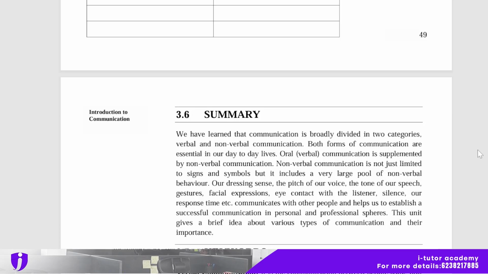Our dressing sense, the pitch of our voice, the tone of our speech, gestures, facial expressions, eye contact with the listener, silence, our responses, time, etc. communicate with other people and help us to establish successful communication in the personal and professional sphere.